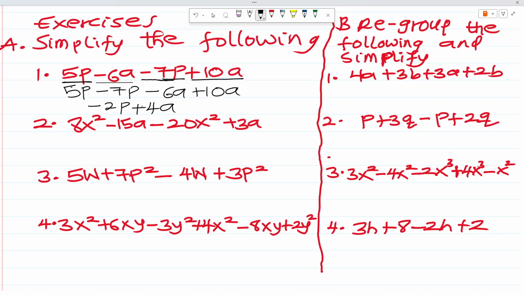The same way we are going to solve question number 2. In question number 2, this is how we are going to solve it. So I'm also going to give you a time for you to solve it. That is 20 seconds.